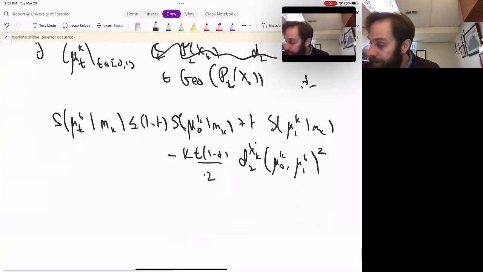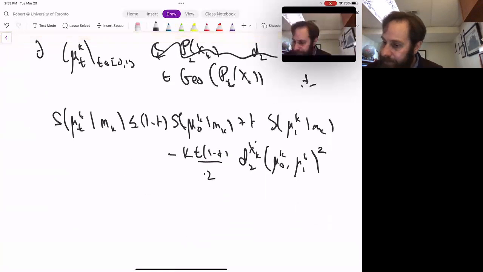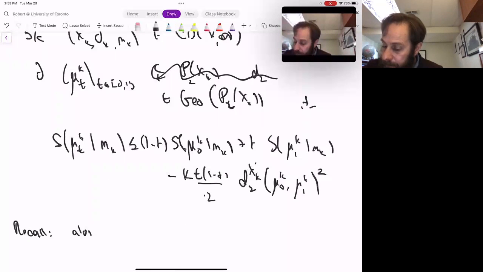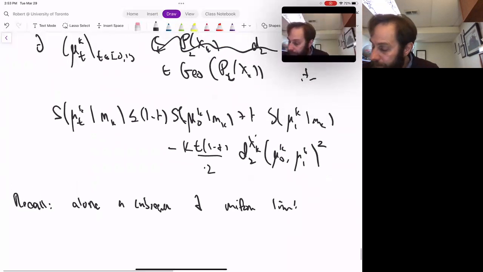Great. And now basically what we'd like to do is pass to the limit as k goes to infinity. And what we know is, recall by the lemma, along a subsequence, there exists a uniform limit mu t infinity.